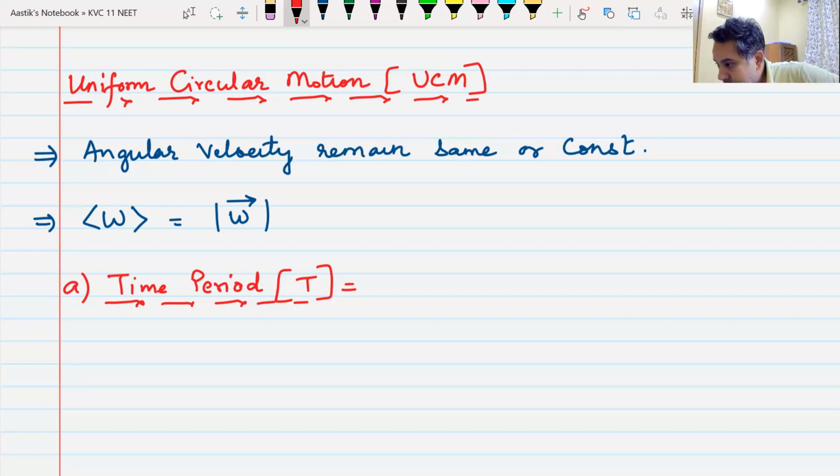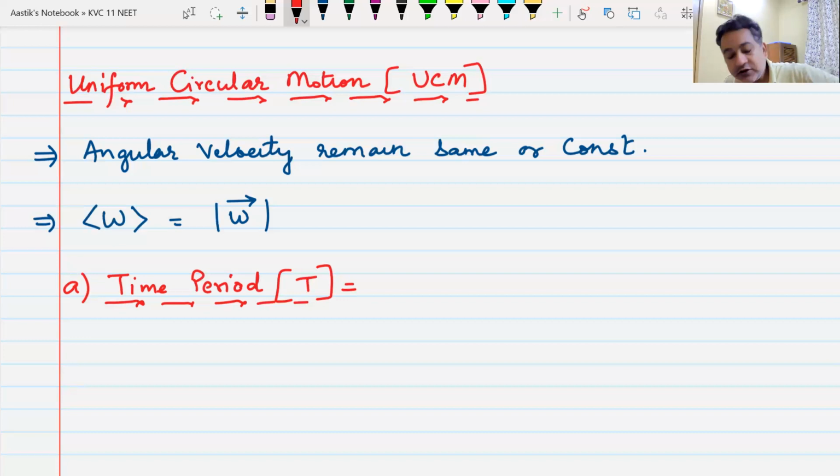Earth rotating on its axis, sir. Yes, beta, Earth rotating on its axis. Its angular velocity is constant, right? Your fan right now is moving at a constant angular velocity. This is also uniform circular motion.